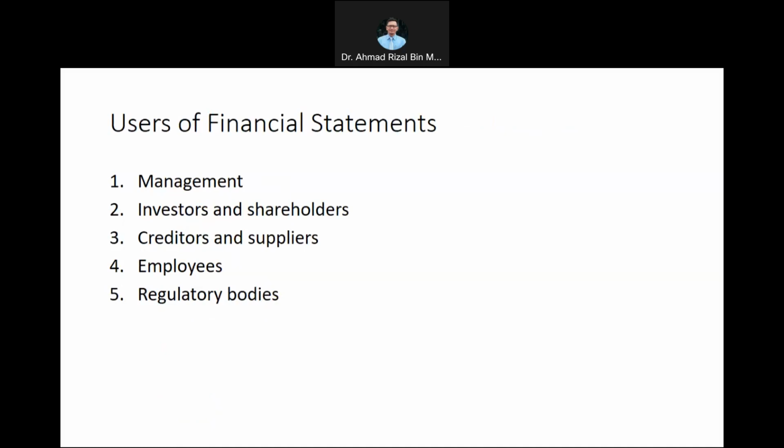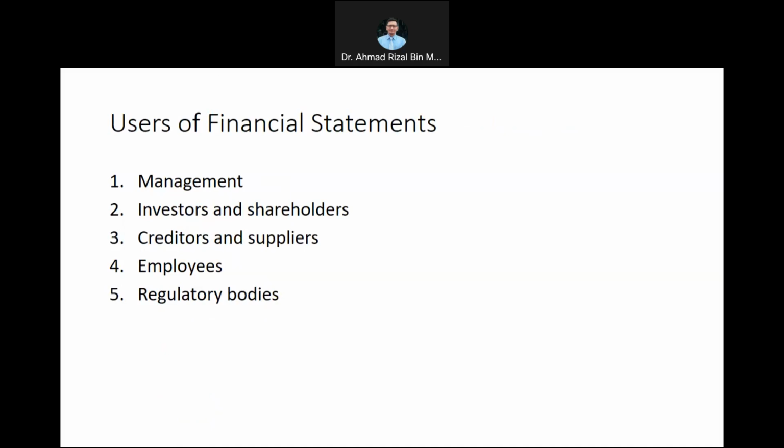One of the references for the management would be the financial statements, especially when they are planning on expansion, for example, to chart growth of the company. So they really need to understand the financial statements in and out.